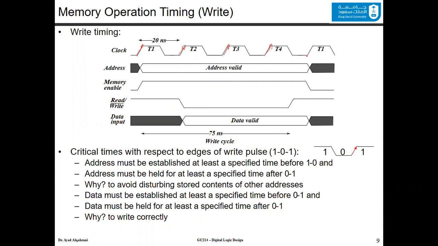Let's discuss the write cycle, for example. The address must be established at least a specific time before the rising edge. If this is the clock, the same thing applies. So before this time, the address must be established.